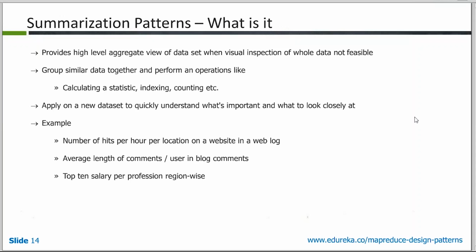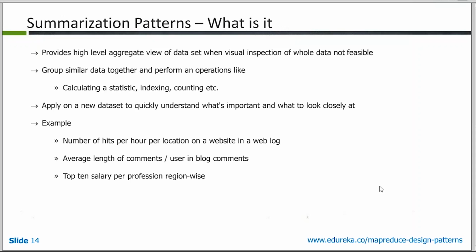Now why do we require a pattern for that? The reason is, although this stuff might look very simple, and some of the examples I give you will be very simple, trying to understand how such things can be implemented on this framework is going to be useful, and we'll see that in the examples here.